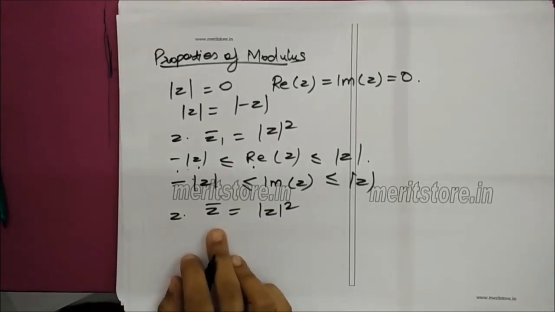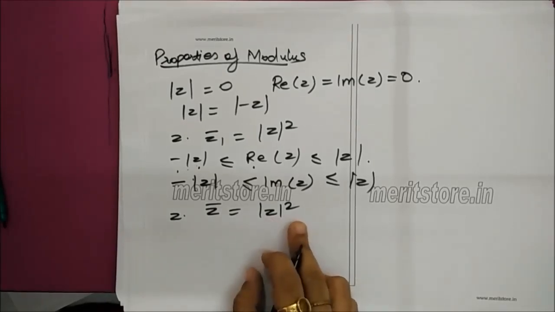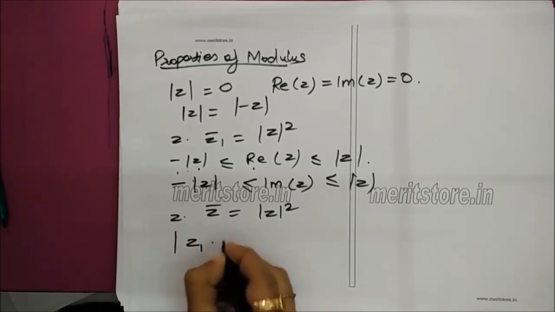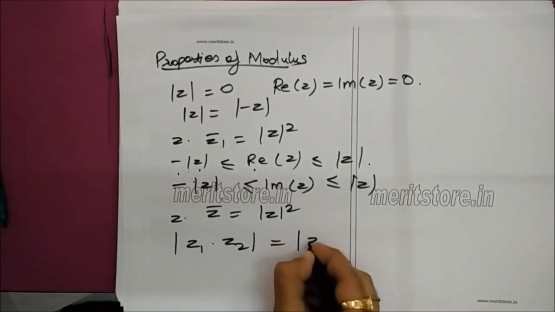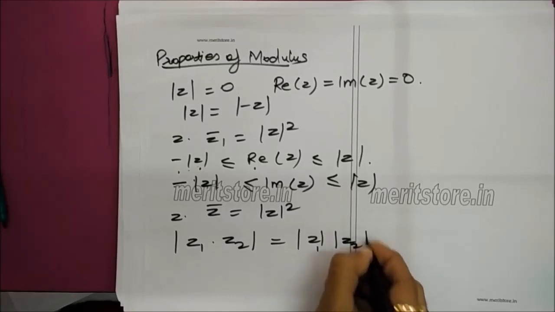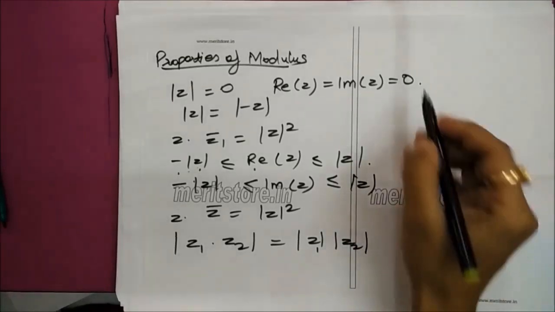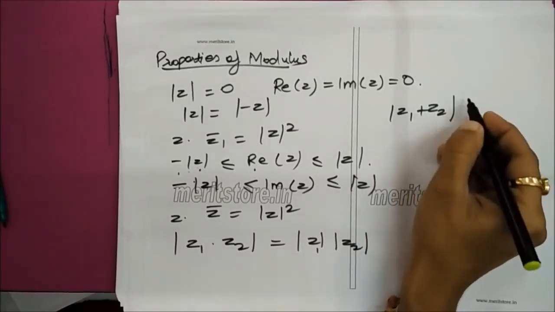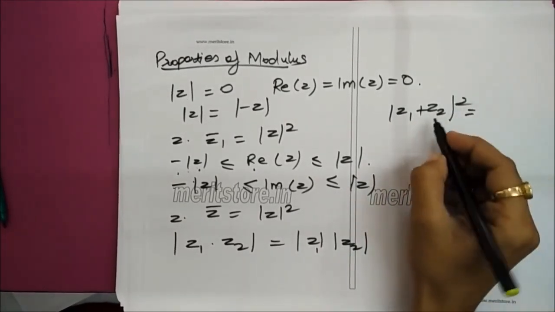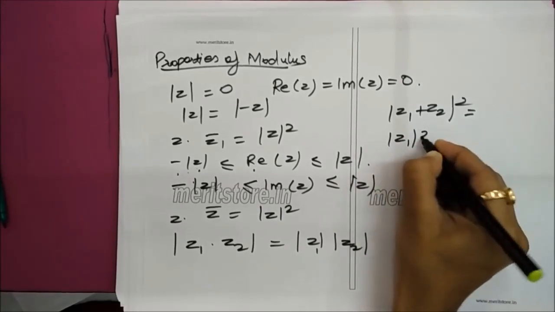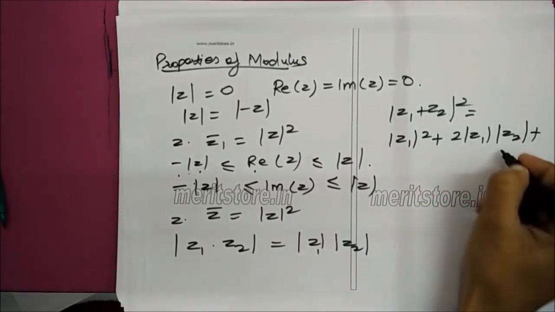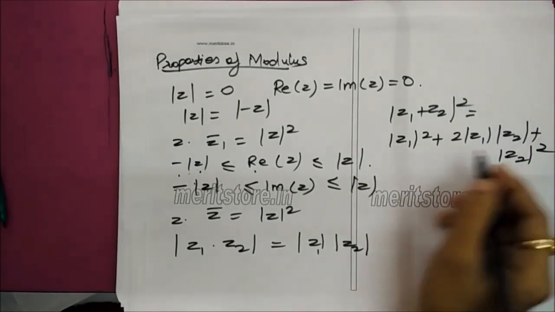Z into Z bar, that is the conjugate of Z, will give you modulus square. Modulus of Z1 into Z2 is equal to modulus Z1 into modulus Z2. These are certain properties that we say. Z1 plus Z2 the whole square will give you Z1 the whole square plus 2 Z1 Z2 plus Z2 the whole square.